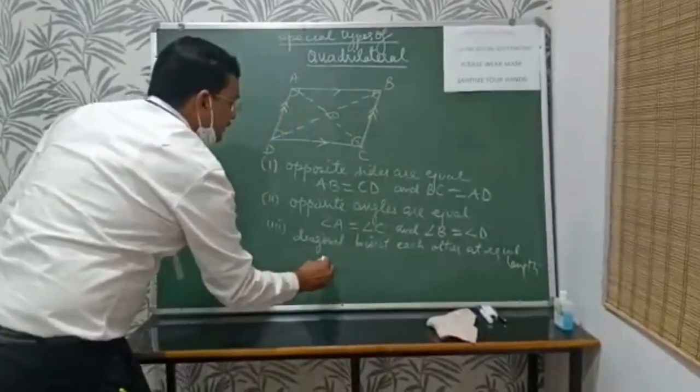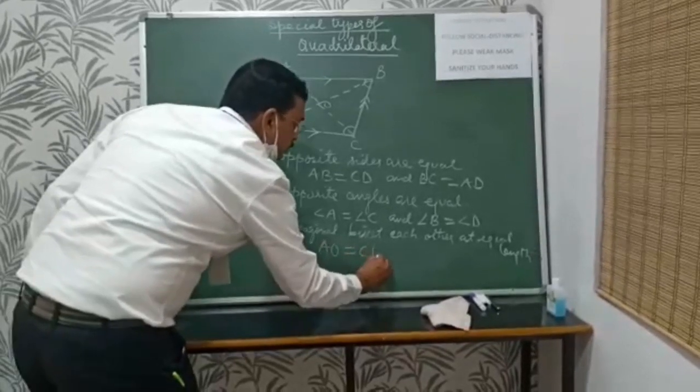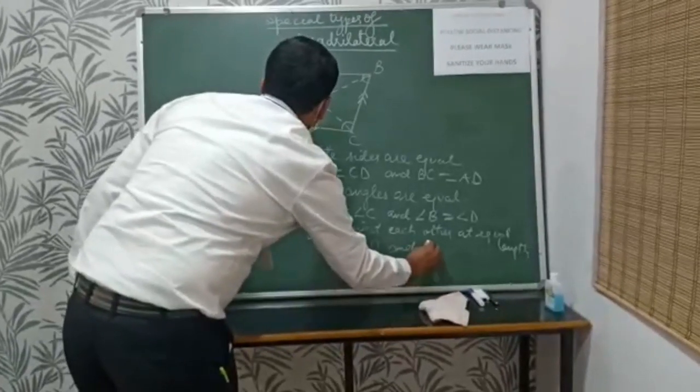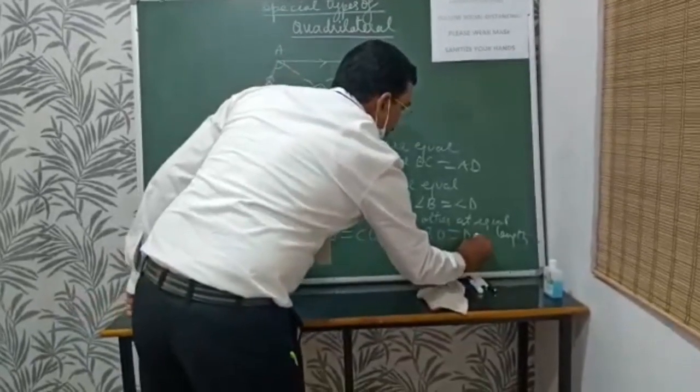It means AO is equal to CO and BO is equal to DO.